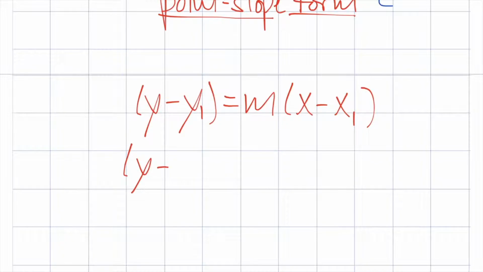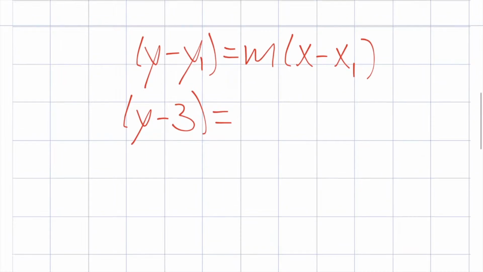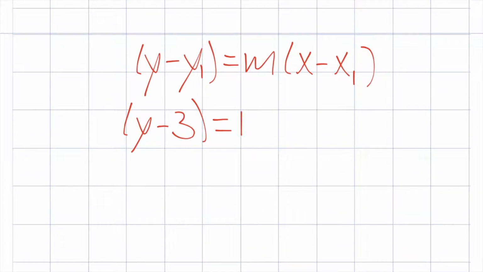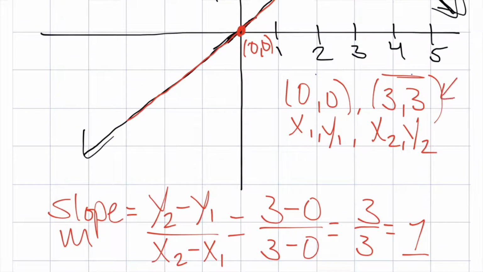So y minus y1, which is 3, equals m. What was our slope again? Right here, 1, times x minus x1. And x1 again is 3, because we used this point.